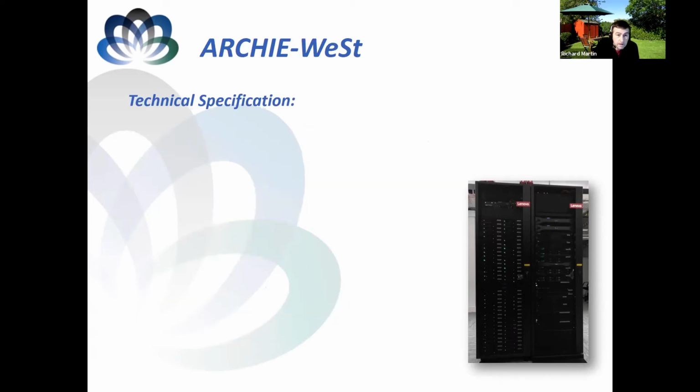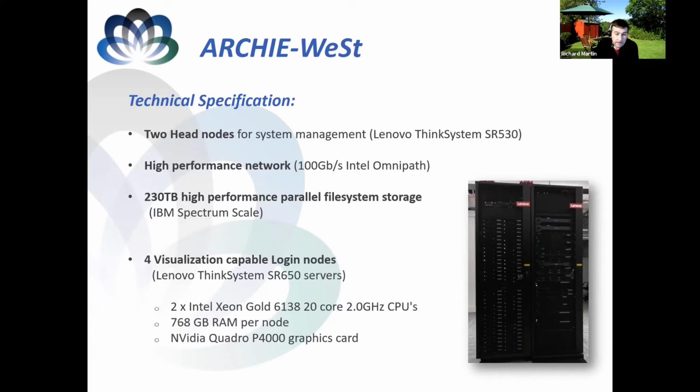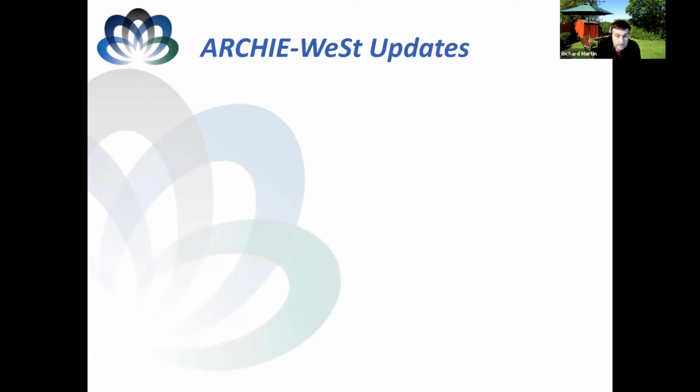A couple of head nodes for system management, which are on a virtual infrastructure, a high-performance network, and 230 terabytes of high-performance parallel storage, and we're just in the process of expanding that to almost a petabyte. But the most significant thing is that we have 4 visualization-capable login nodes at the front end, and I'll come back to that and discuss it in more detail later. That's really the most important part of today's presentation.